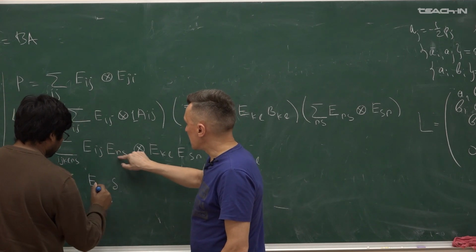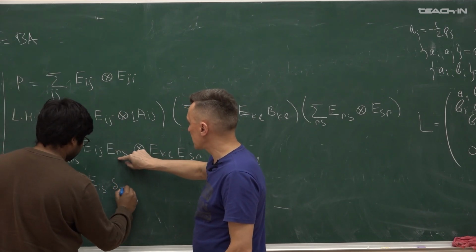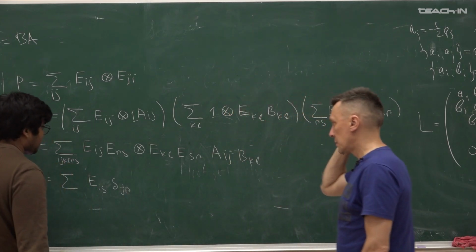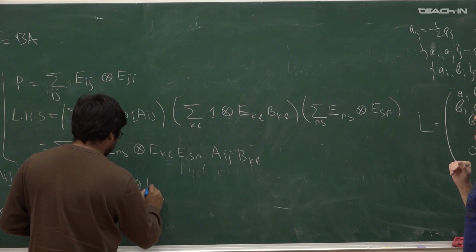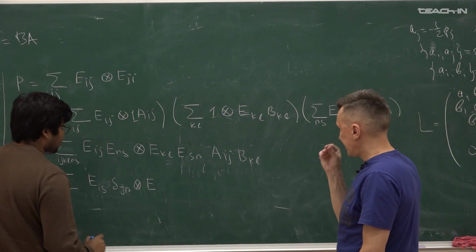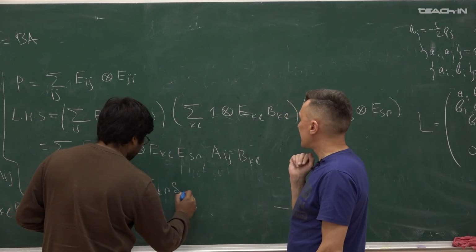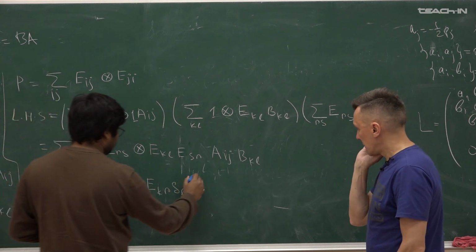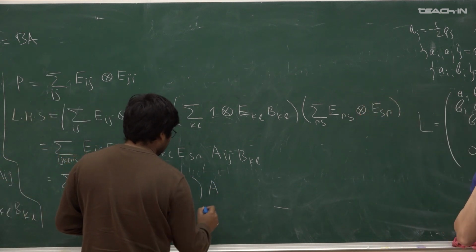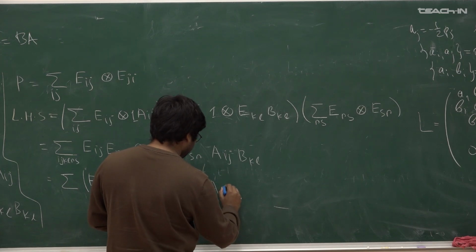So we need these indices to coincide, IS, and a delta function of this, times E to the power, the same, K, delta L, something like this, and multiplied by this. Just coefficients.